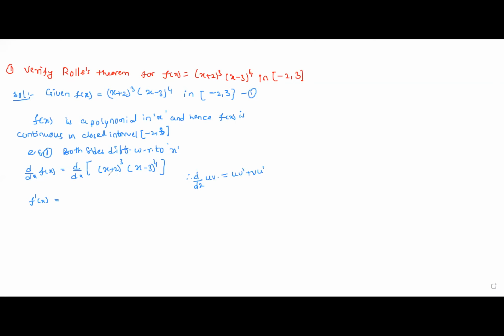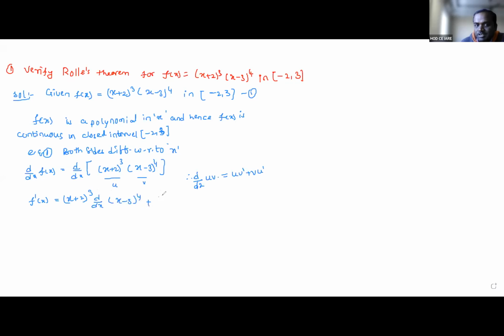First term is u, second term is v. So we can write (x plus 2) whole cube d by dx of (x minus 3) whole to the power of 4 plus (x minus 3) whole to the power of 4 d by dx.